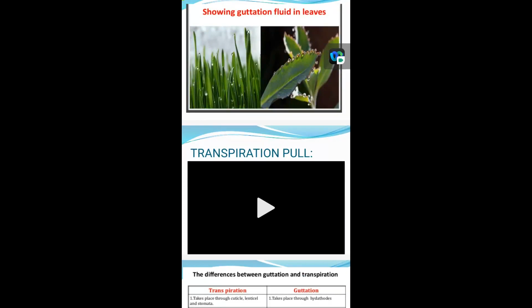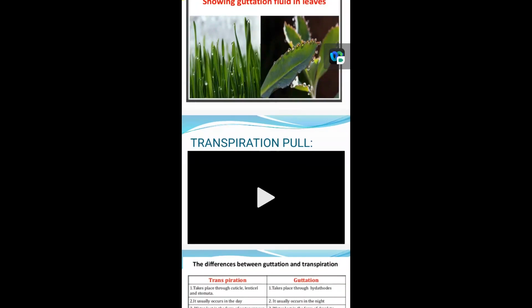So what is transpiration? Transpiration is nothing but the loss of water in the form of water vapors through the stomata. We know the structure of stomata.